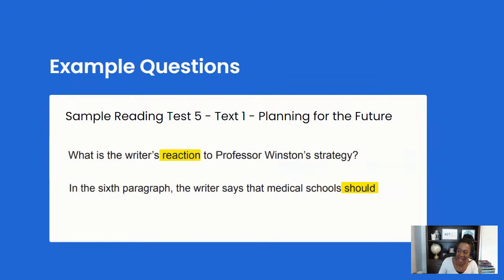Anyway, we can see that these two example questions look for you to identify Professor Winston's reaction, so his reaction to something, and another question asks you to identify what the writer is saying should be done.